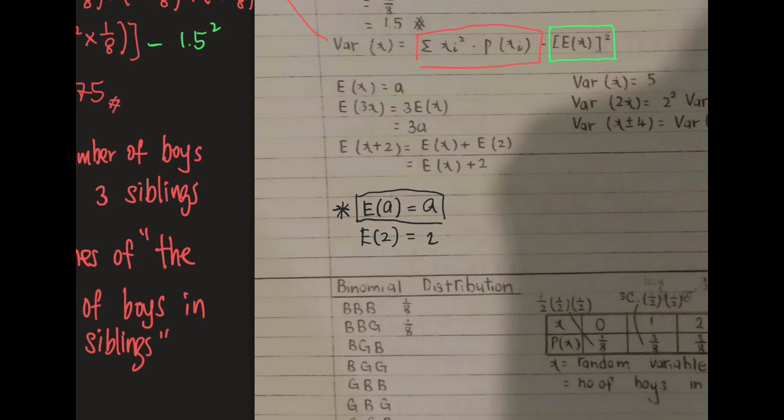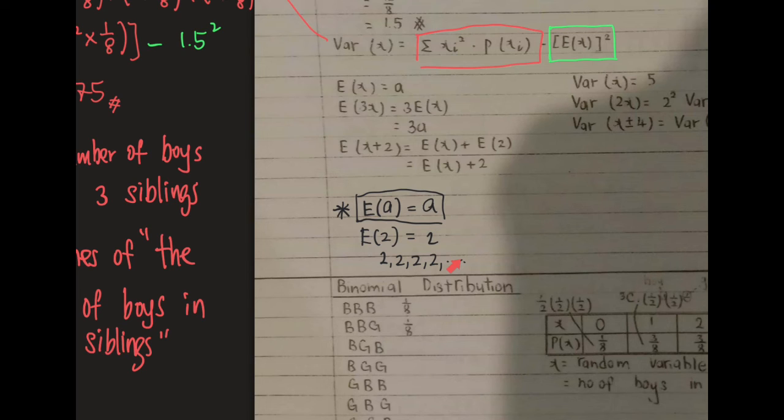What kind of idea is that? E of 2 means your data is just 2, 2, 2, 2, 2, and so on. If your data are just 2, then what is the average of all these 2's? It's still 2.